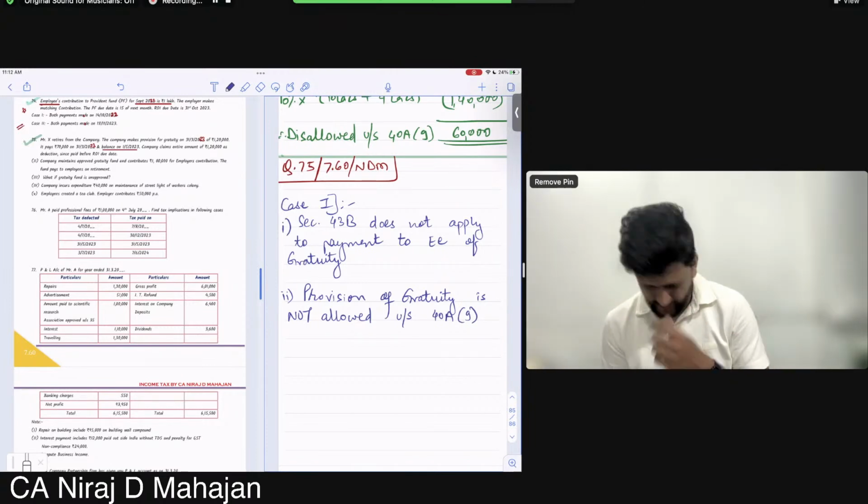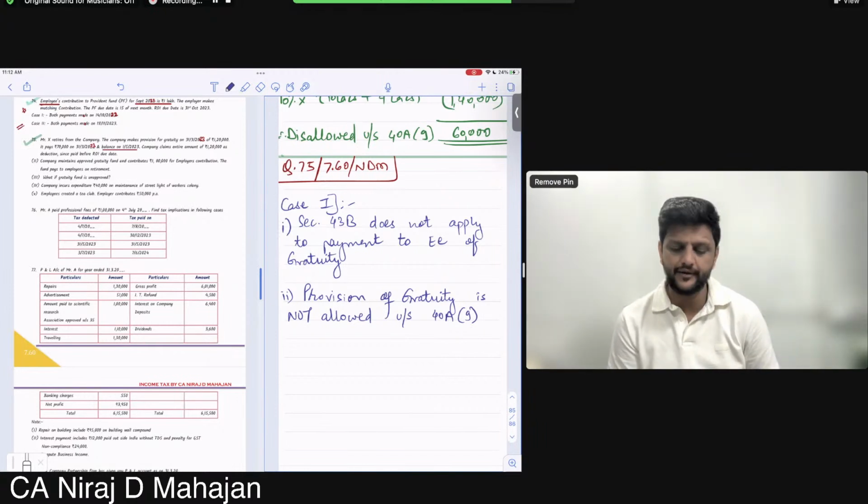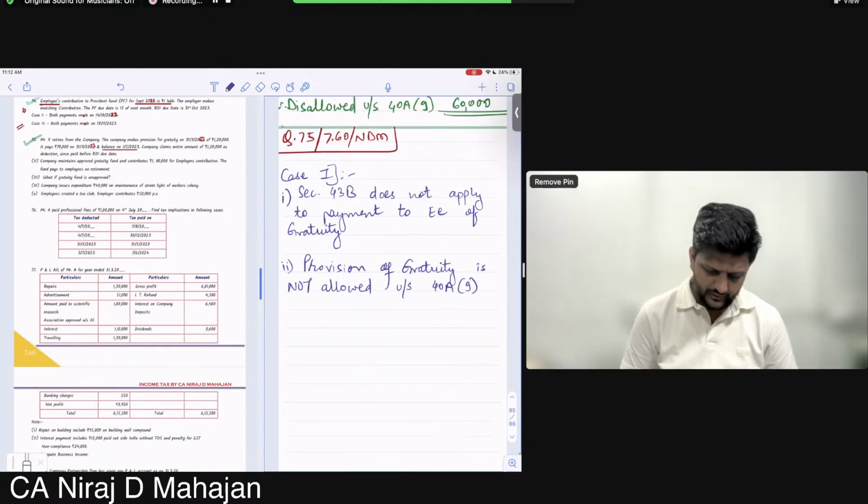Then which gratuity do we allow? Only which is actually paid, right? So point number 3.